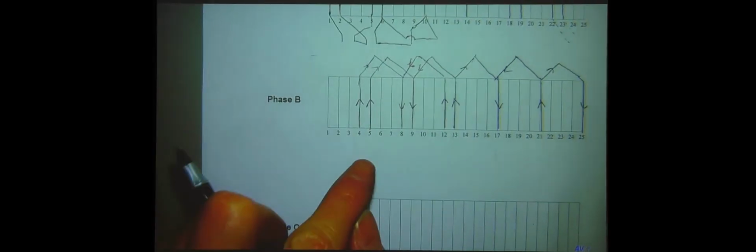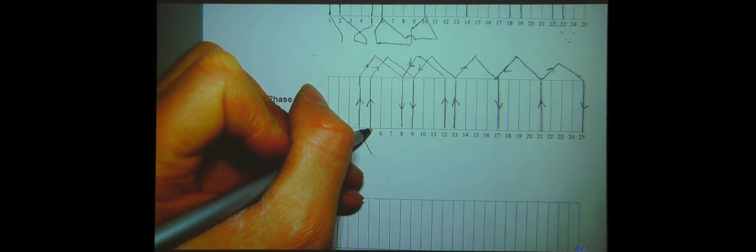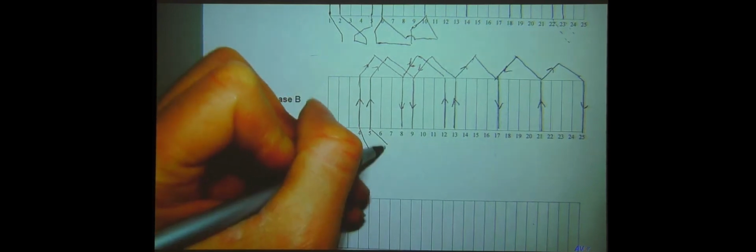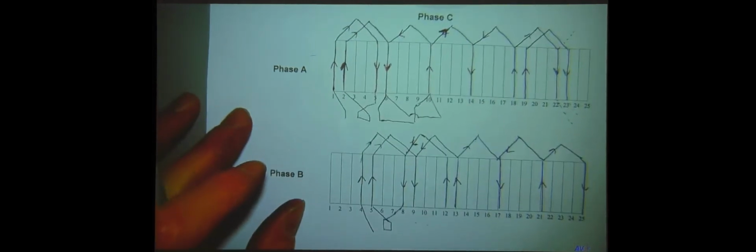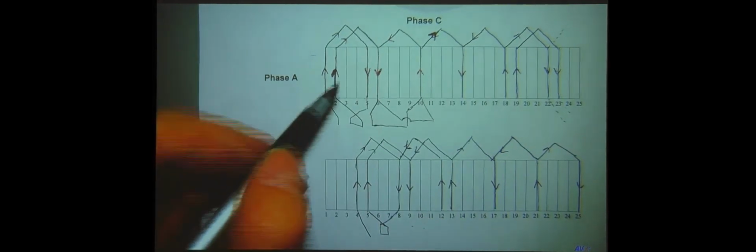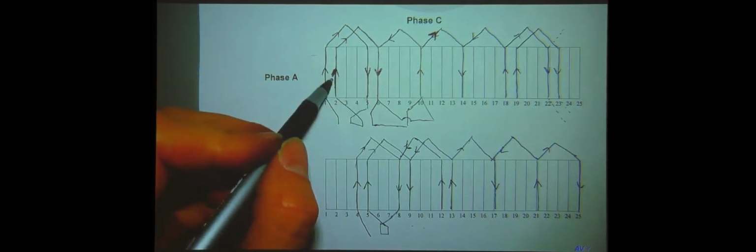Okay, so here we've got the phase B, and you can now connect these up also, and that's not going to be pretty either. I'm not drawing it very neatly, but you can do that. Now the interesting thing to look at is phase A. These are these two windings here.